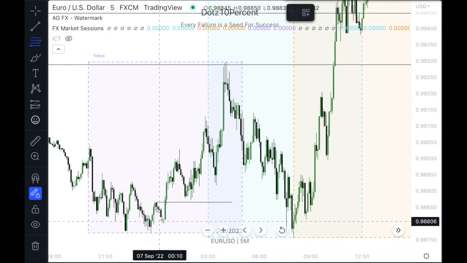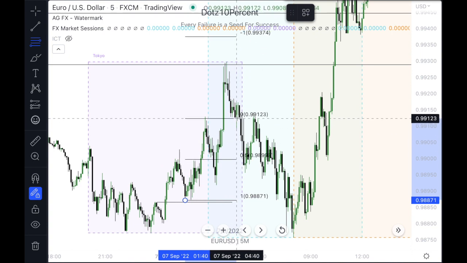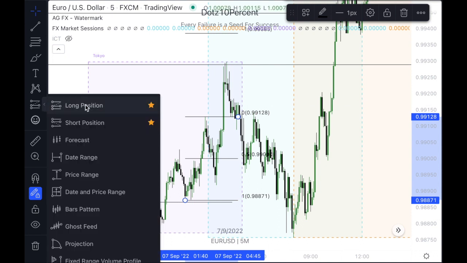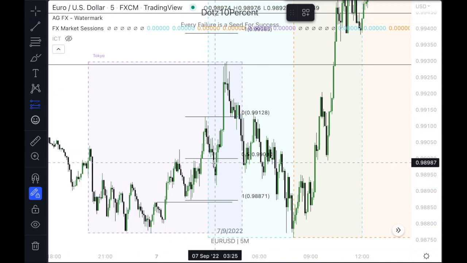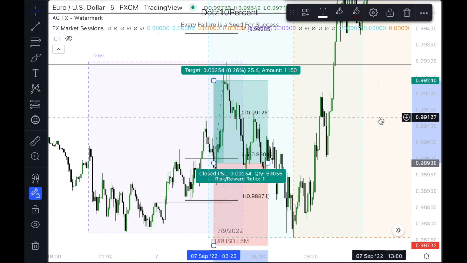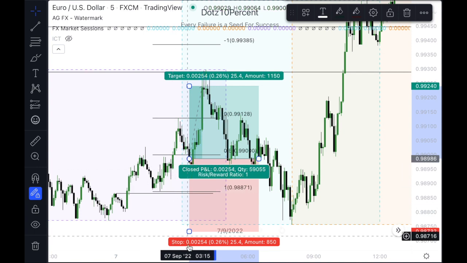So imagine you missed that first, this trade that I just showed you, that first retracement. What can you do? Just wait for the next swing. From this low to this high. How would I have traded this? Let's talk about it again. We can put, as you guys can see, this is an order block, this candle.